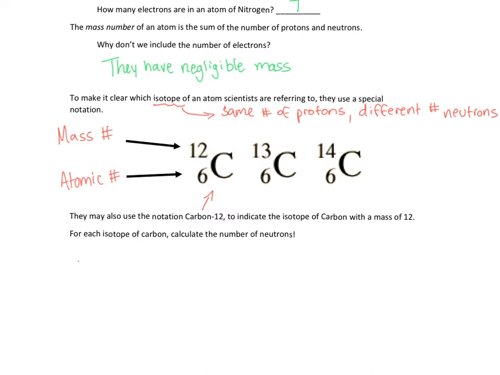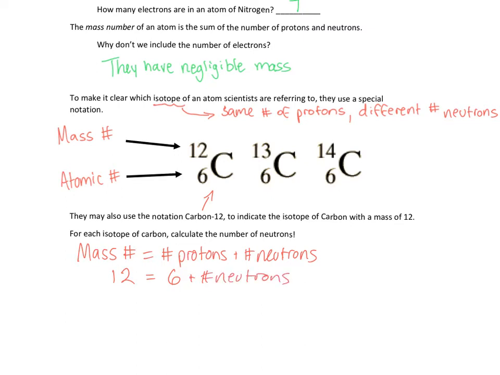But if we know that mass number equals number of protons plus number of neutrons, and the mass number is 12, the number of protons is the atomic number, or 6, then I can just find my number of neutrons by taking my mass number and subtracting the number of protons. So 12 minus 6 equals 6 neutrons total. Okay, so it's pretty easy once you get the hang of things to easily calculate the number of neutrons in a specific isotope.